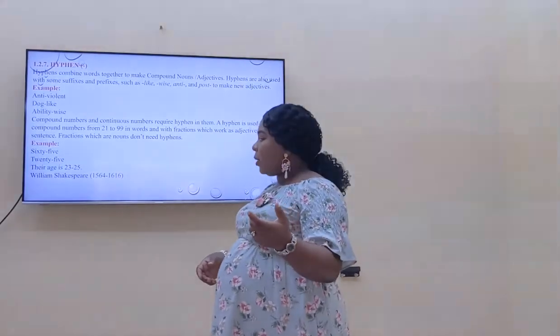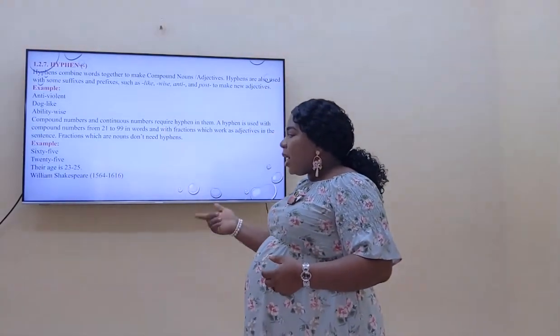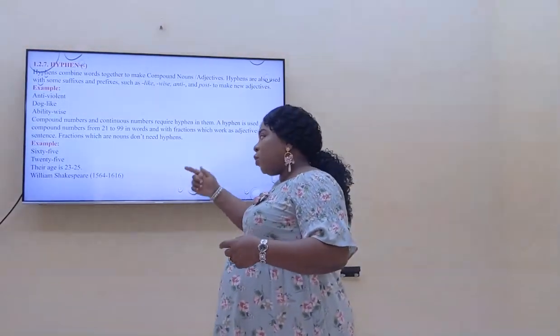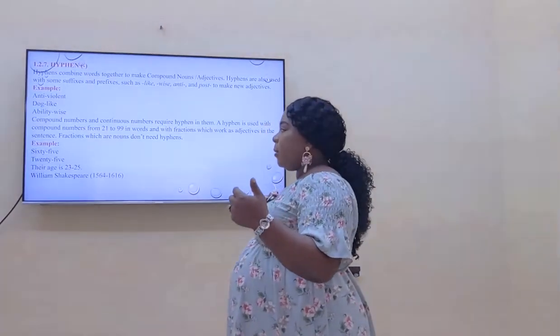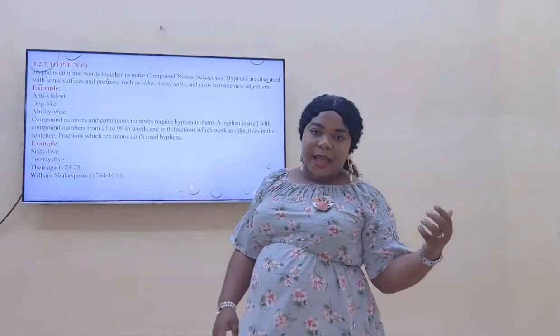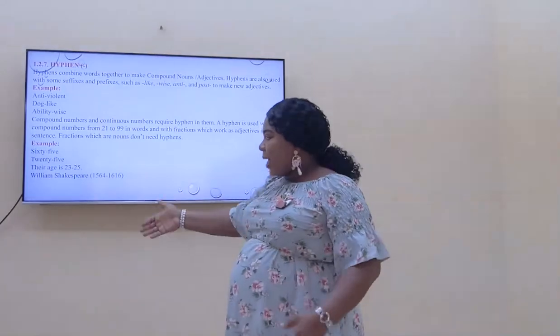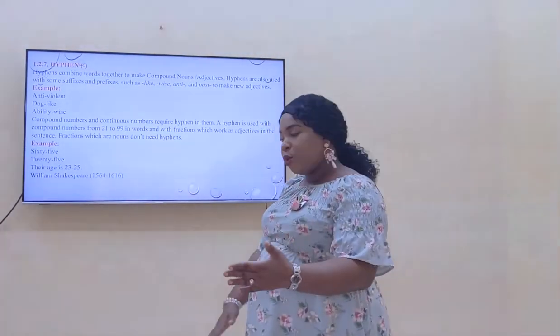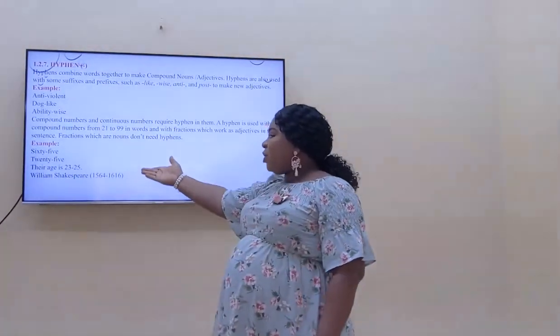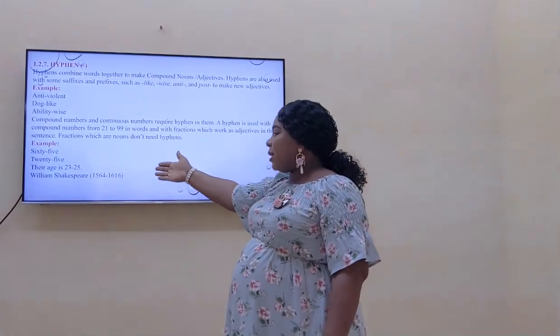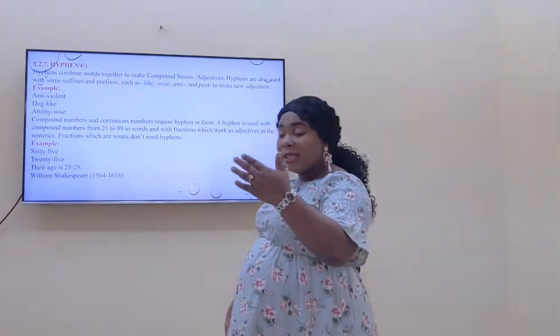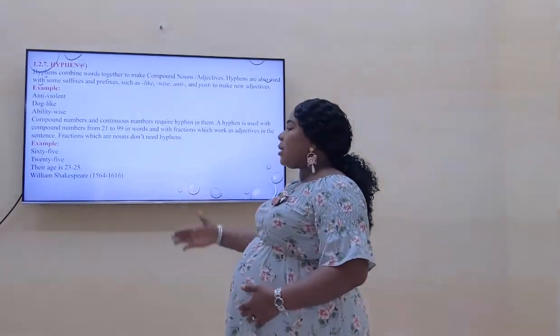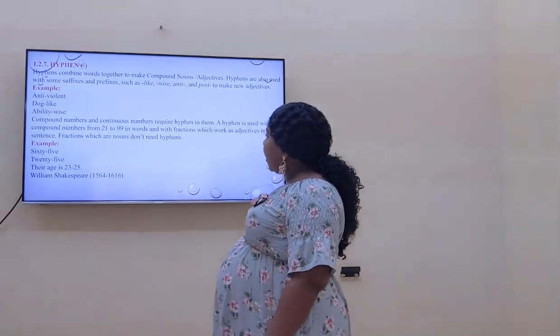Twenty-five, 25, okay? Their age is 23-25. So it's not, their age is 23, 25. No, it means their age is from 23 to 25. William Shakespeare, 1564-1616. See the hyphen, that is from 1564 to 1616. Okay.